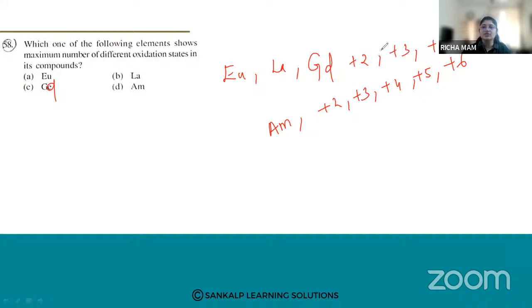So these are the common oxidation states shown by the lanthanoids, and these are the oxidation states shown by the actinoids. Americium will show the maximum oxidation states. Option number D. Yes, Aishu and Shivganga. We have seen that lanthanoids show less variable oxidation states as compared to actinoids. Actinoids will show the maximum oxidation states.